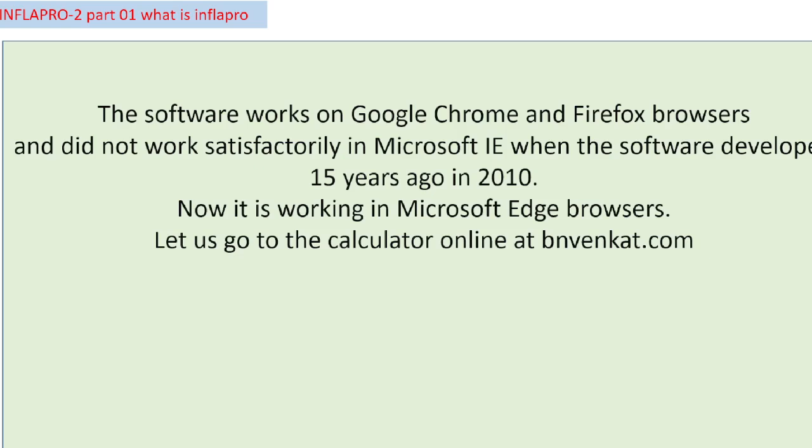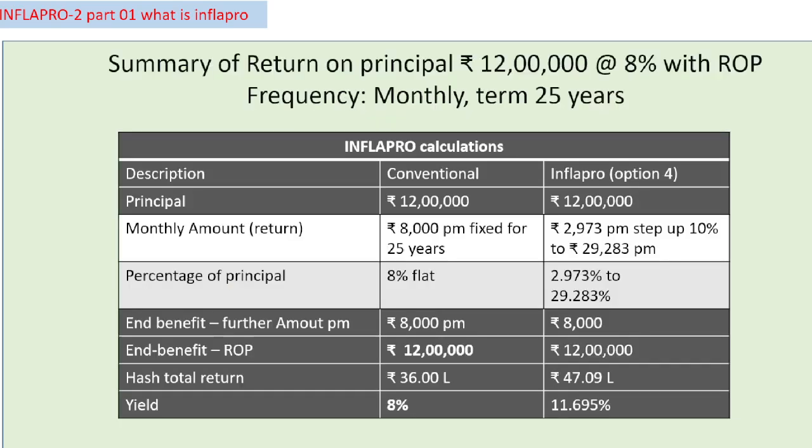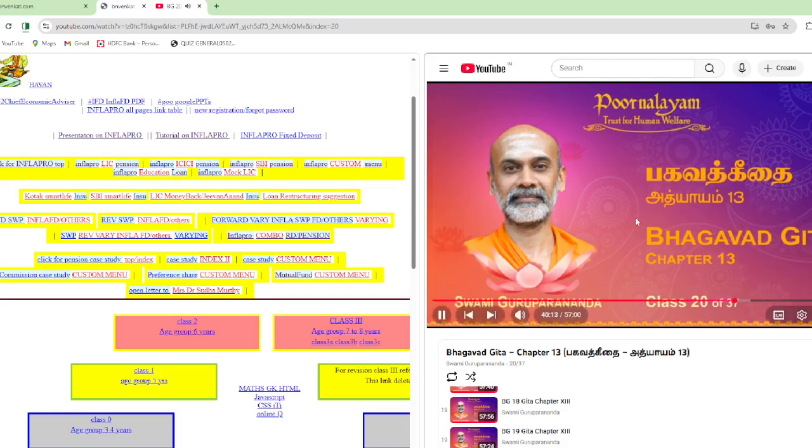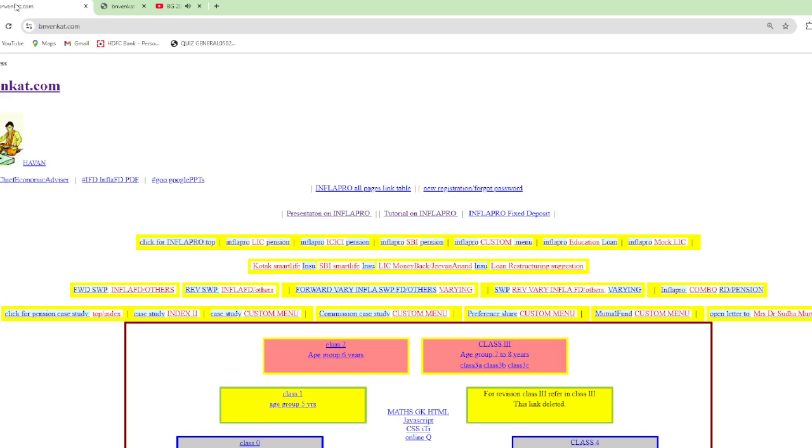Let us go to the calculator online at bnvenkat.com. And here is the summary. Before going to the summary, let us go into the calculator. Here is the home page, bnvenkat.com. You simply type bnvenkat.com in the address line and you will get this home page.